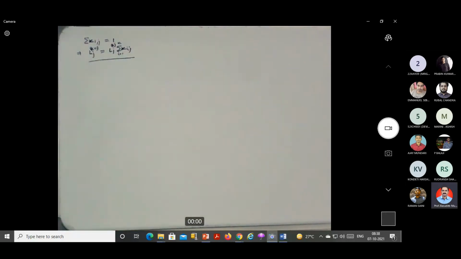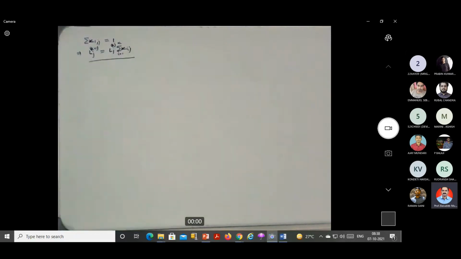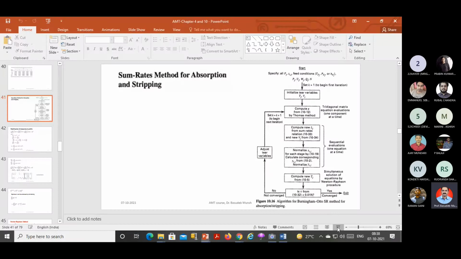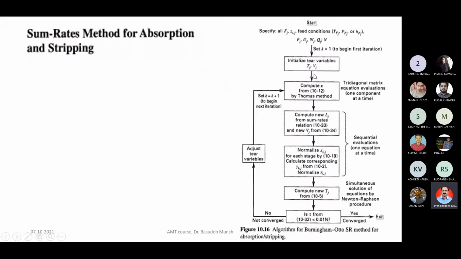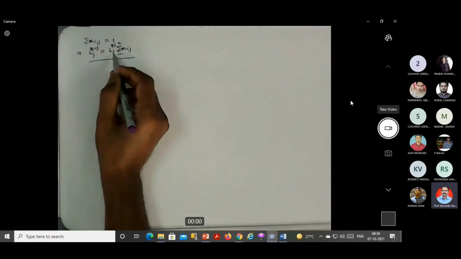Now after modifying Lj, before that we should know the value of Ljk, because in the algorithm you have seen that we assume only Tj and Vj. We did not assume Lj. So Lj is not available, so this right hand side Lj we should calculate.